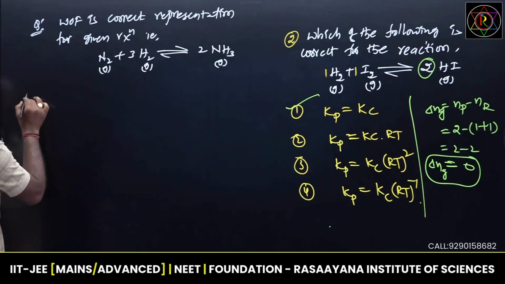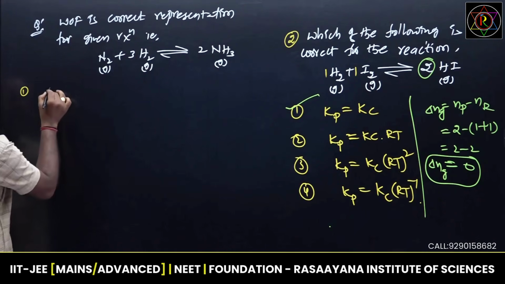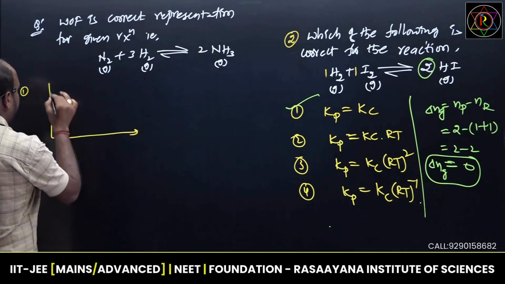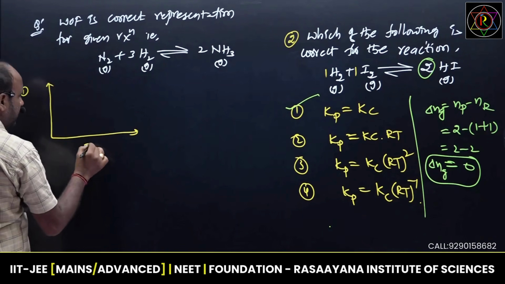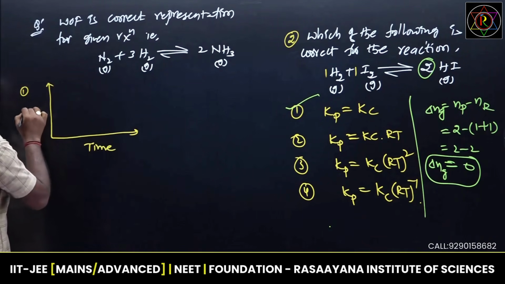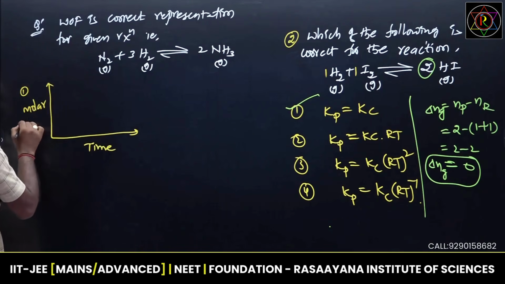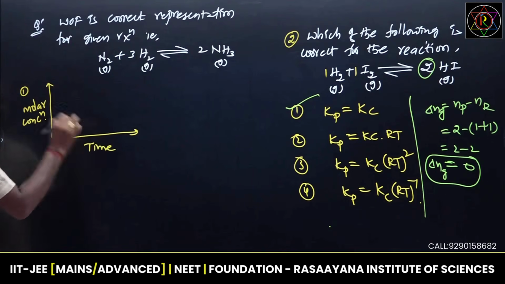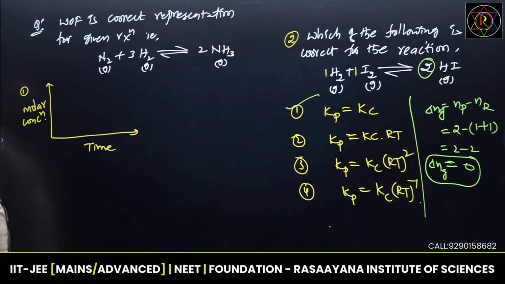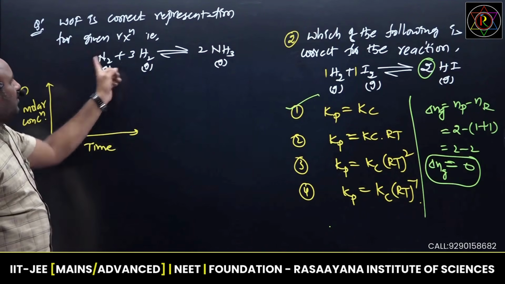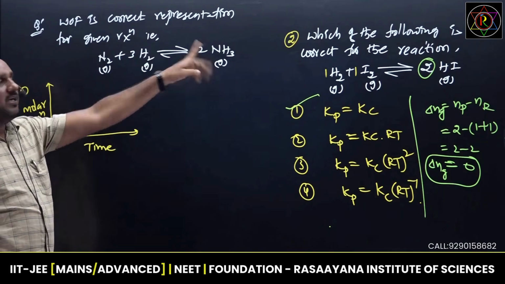The first one will be time versus molar concentrations, right? So here the reactants are nitrogen and hydrogen, the product will be ammonia.